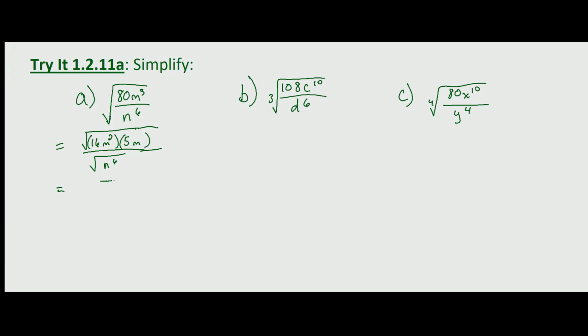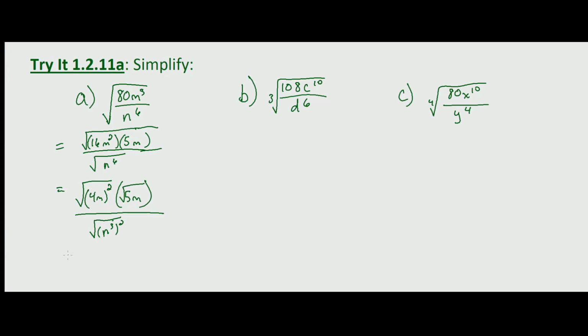Now we can separate this further into the square root of 4m, quantity being squared, times the square root of 5m. And that's all over, we can go ahead and simplify this further to the square root of n cubed squared.